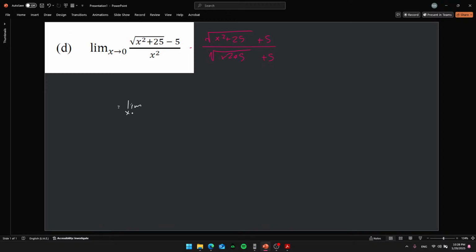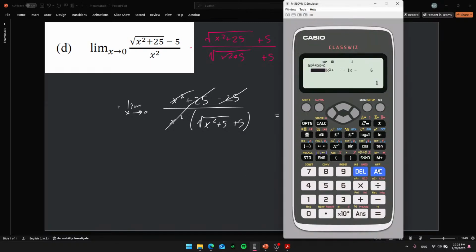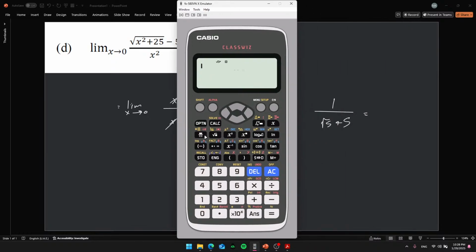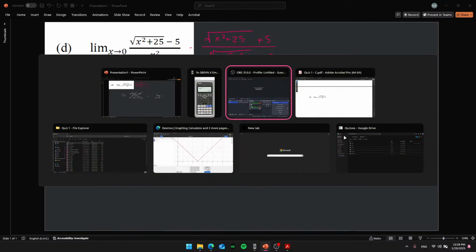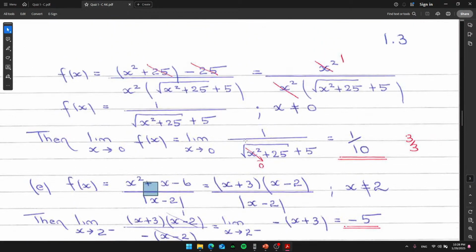For this limit, I don't have to do it; I can estimate. The 25 and x squared terms dominate, so x squared plus 5 plus 5, so 1 over radical 5 plus 5.